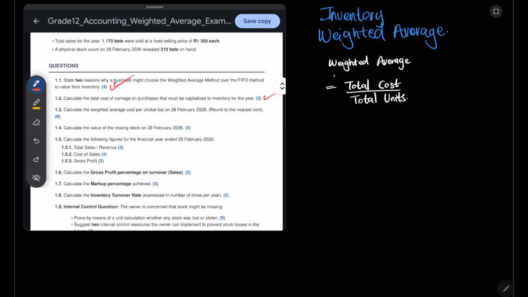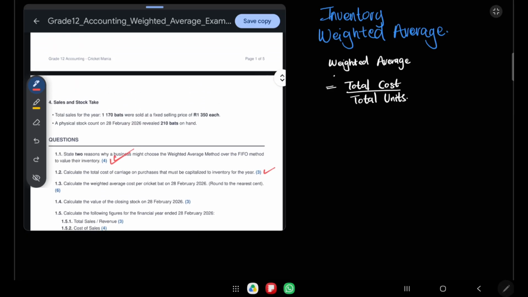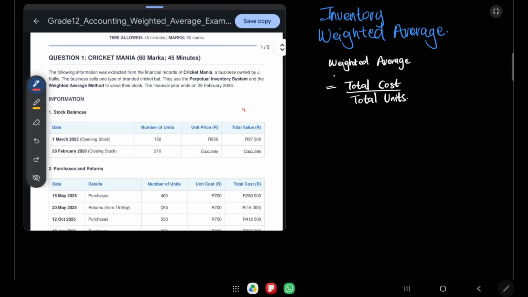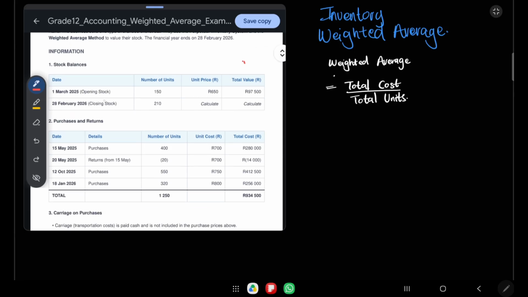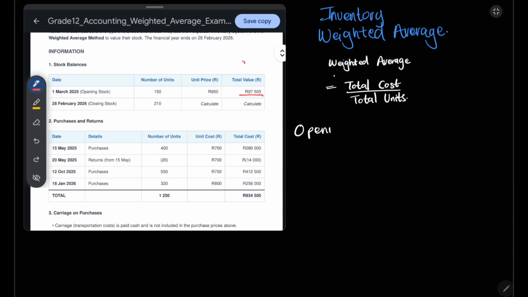So let's look at our total cost. Which components make up our total costs? Firstly, we have our opening stock, which is 97,500.